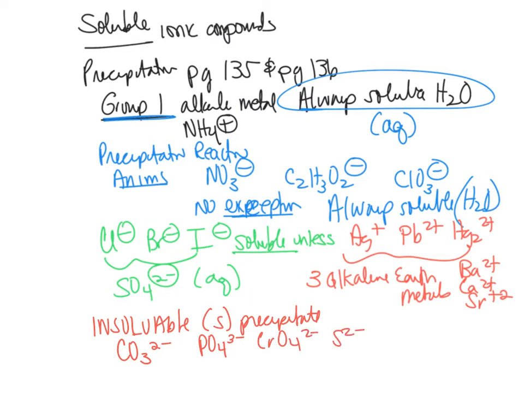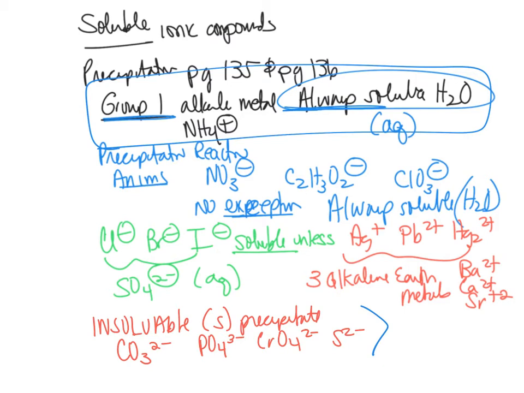So notice they all have higher charges, except, of course, if they're with these group 1, because these are always soluble. So the exceptions are group 1 and the ammonium, because those are always soluble.